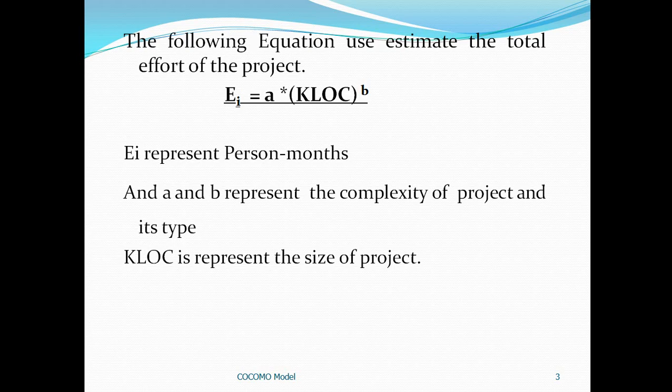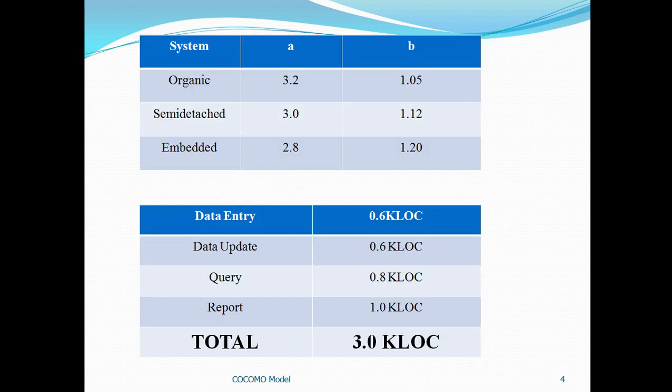A and B represent the complexity of the project and the type of the project. The last one, KLOC, represents the size of the project.